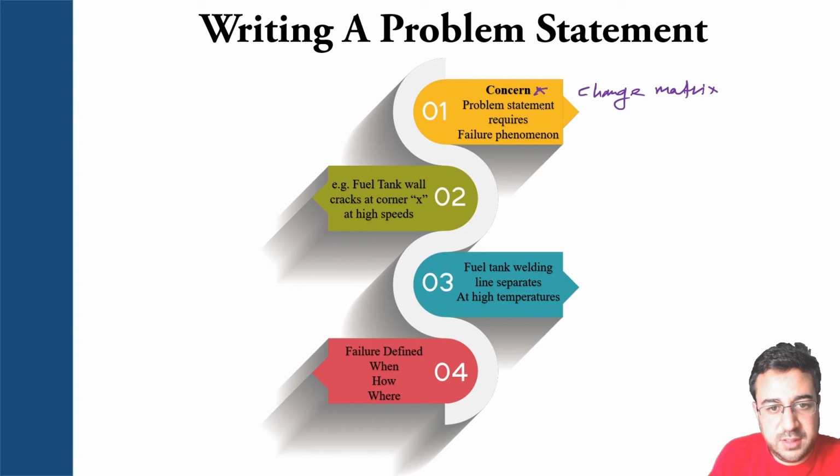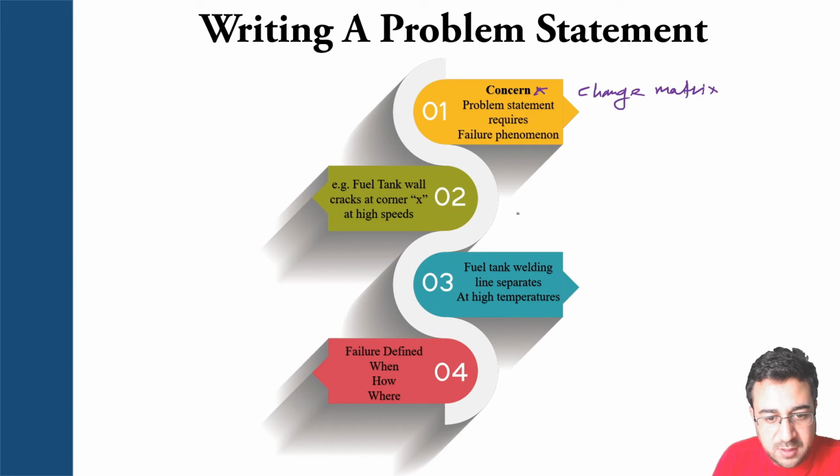Now this concern should include a problem statement that includes a failure phenomenon: how does the failure happen, and what the problem statement is. You call that out and you cite the references or additional documents that you're using in delivering your story about that certain concern. If we take an example, there's a fuel tank wall crack that we used before, at corner X and at a higher speed.